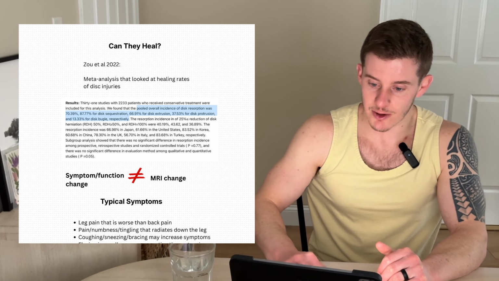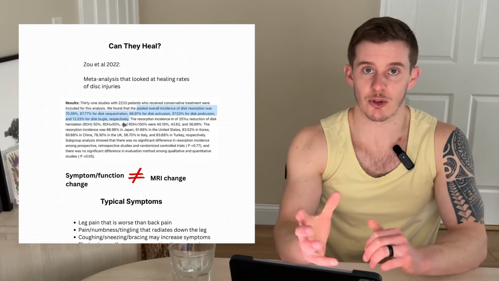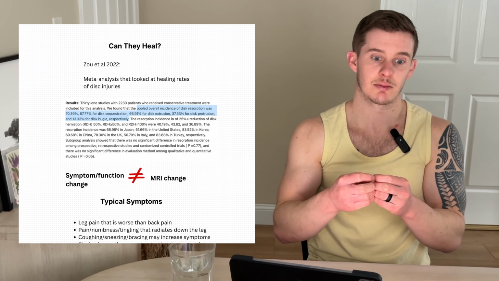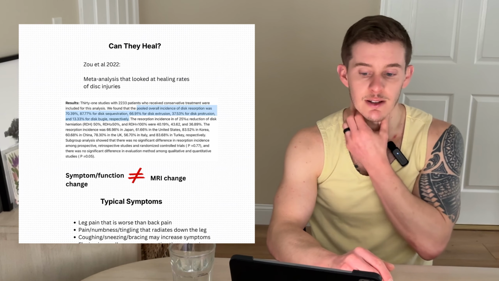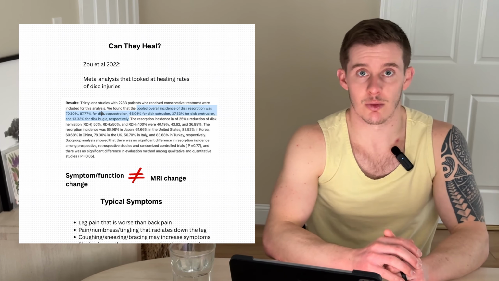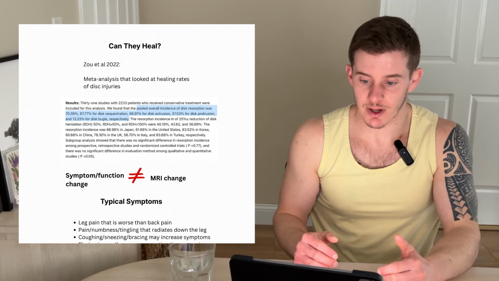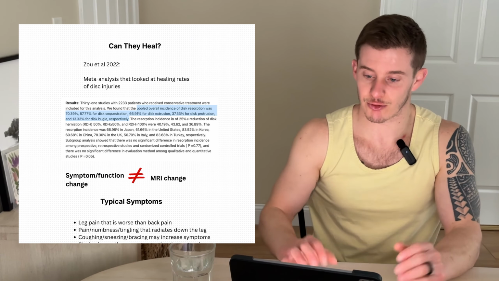So when you look here, disc sequestration is when that nuclear material goes out and kind of falls off the inside of the annulus. And about 88% of those went through disc resorption. Meanwhile, for an extrusion, which is a less severe type of disc injury, now we're down to 67% that go through spontaneous resorption.